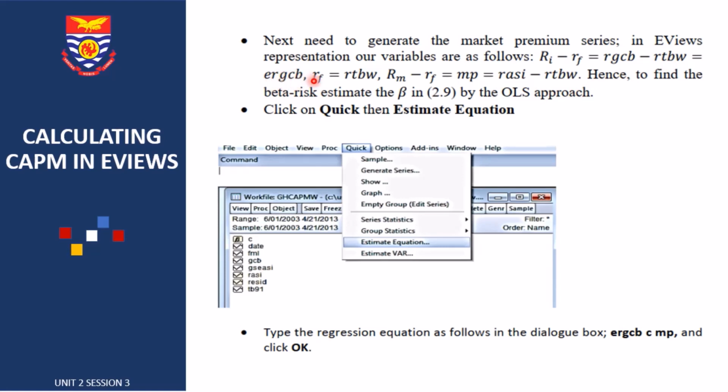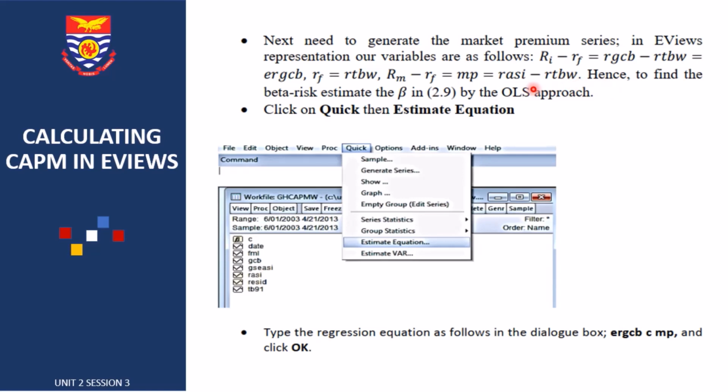The difference between the returns of GCB and the returns from the investment in the treasury bill or treasury bond gives us the excess return, which is the ERGCB. We are going to use that in estimating our model. RM is simply the market risk, which is the returns from the Ghana Stock Exchange All Share Index, and RF is still our returns on the treasury bill or treasury bond.